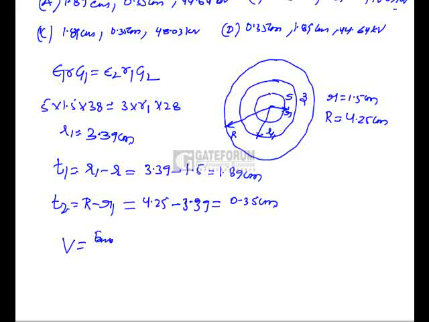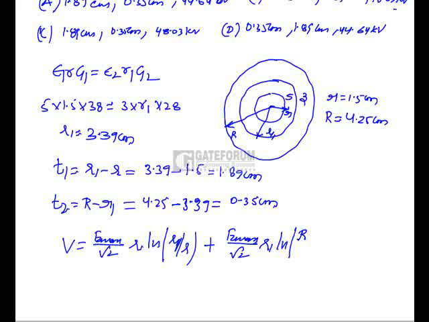Now V is equal to E max by root 2 into r ln r1 by r, plus E max by root 2 into r1 ln R by r1. When you substitute these values, you will get 48.03 kilovolts. We need RMS values.